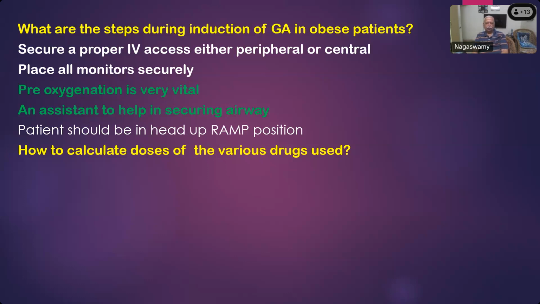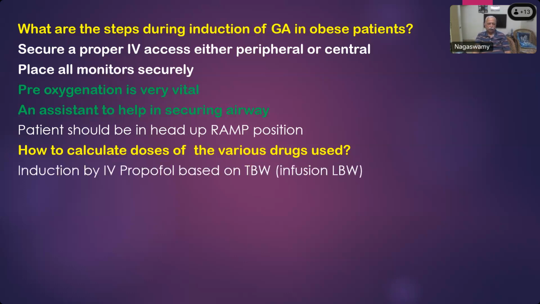If you take one-fifth of that ideal body weight and add it to the ideal body weight, it becomes lean body weight. Some drugs have to be given on total body weight and some on lean body weight, so you should calculate both for the patient.